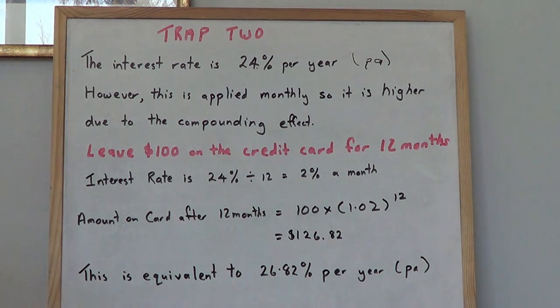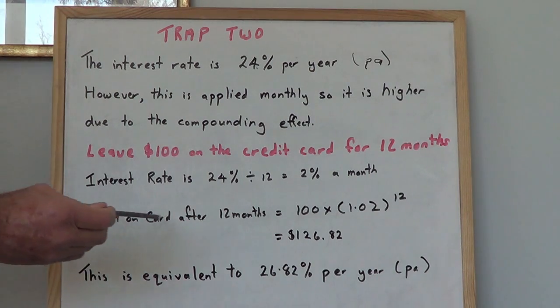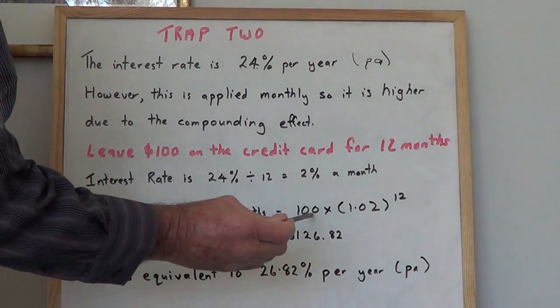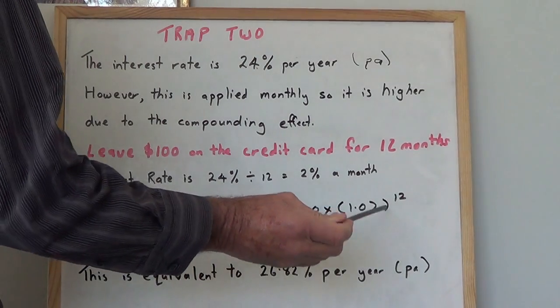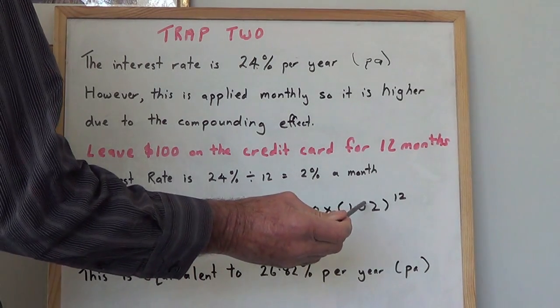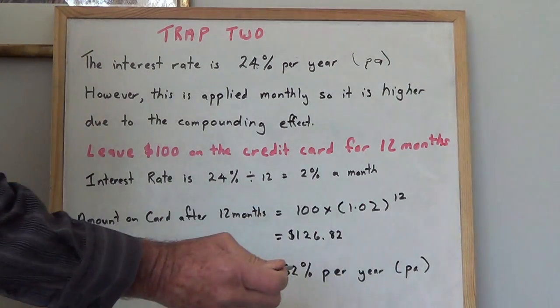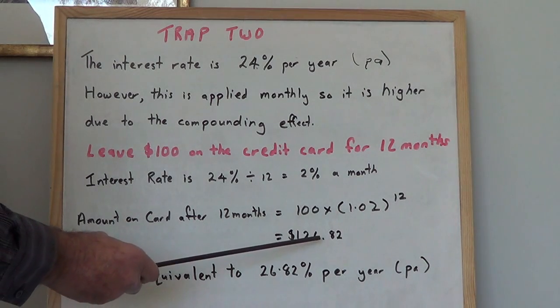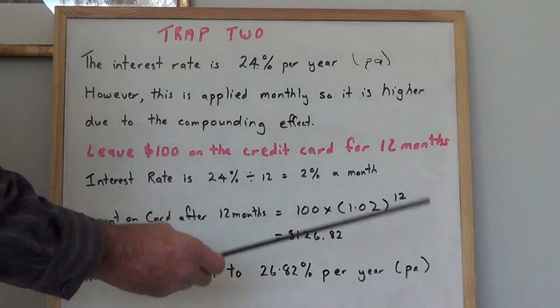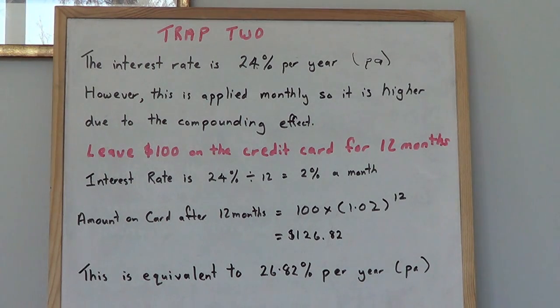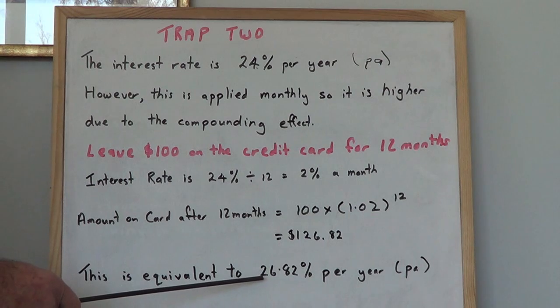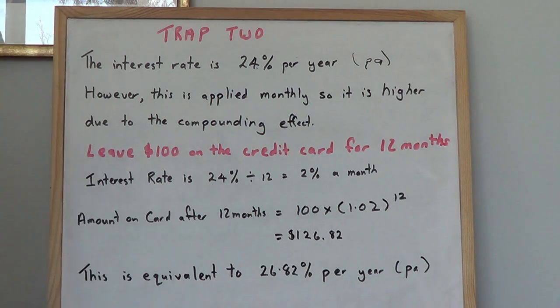Now the amount on the card after 12 months will be 100 times 1.02, because 2% as a decimal is 0.02, so we add that to 1 and put it to the power of 12, and there it is. It's $126.82. That's equivalent to 26.82% per year.